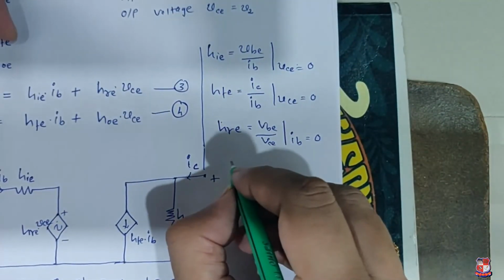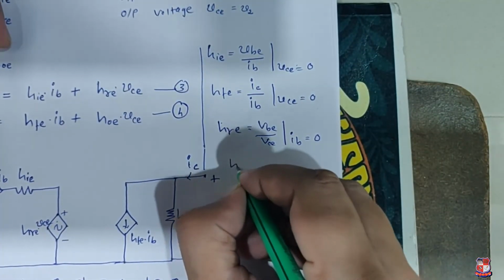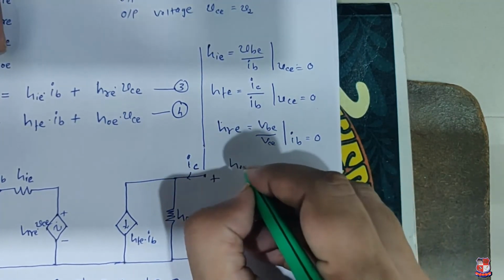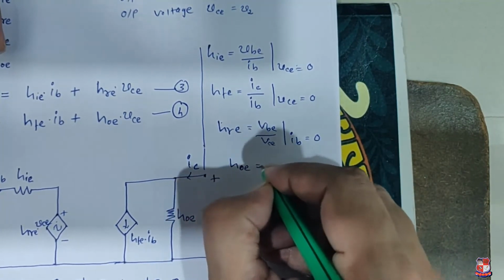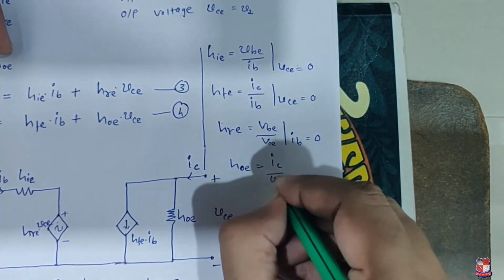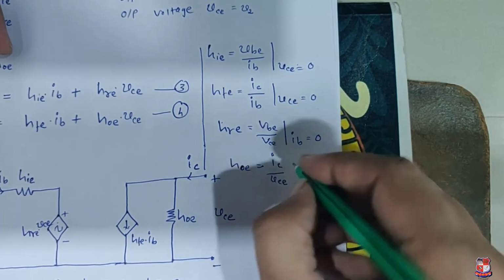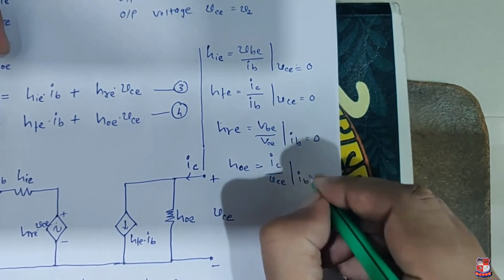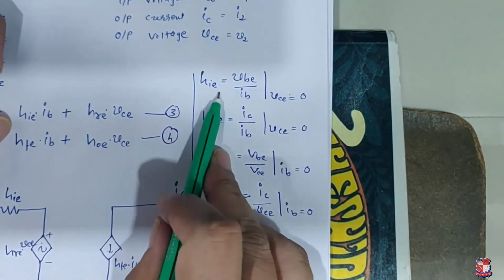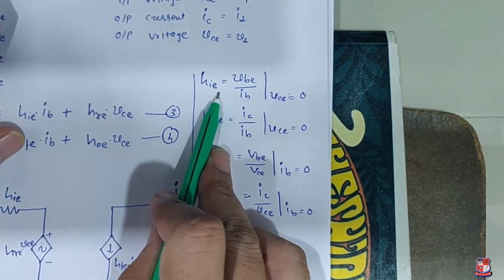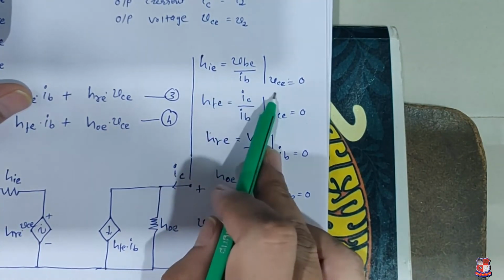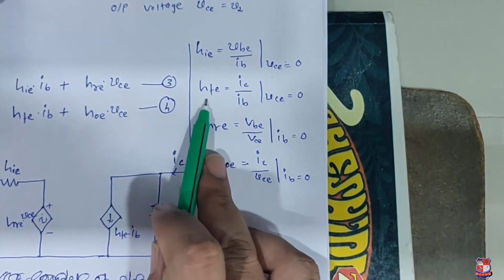And from the equation number 4, HOE equals to IC upon VCE, at IB equals to 0. Okay, so this will be the input impedance for common emitter configuration, VBE upon IB at VCE equals to 0.